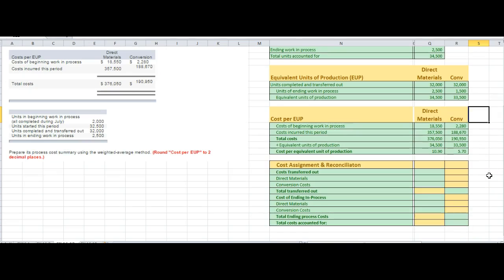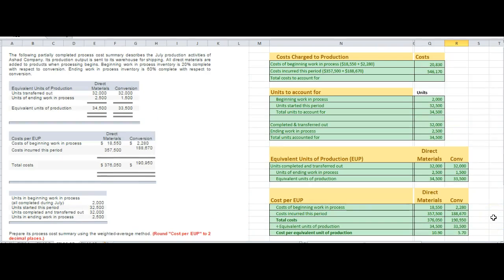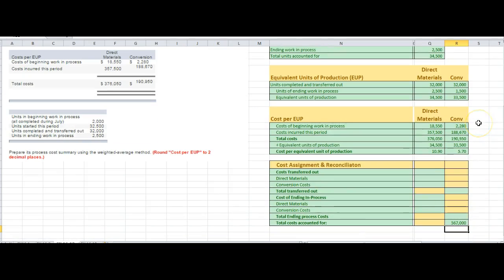So now all you have to do is combine what was transferred out, direct materials and conversion costs, add that up, do the same thing with ending, and our number here should be 576,123, and that's going to match this up here, I hope.